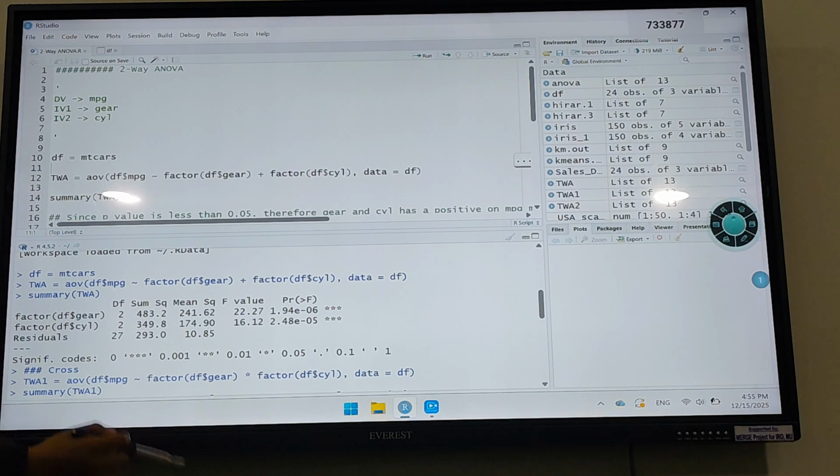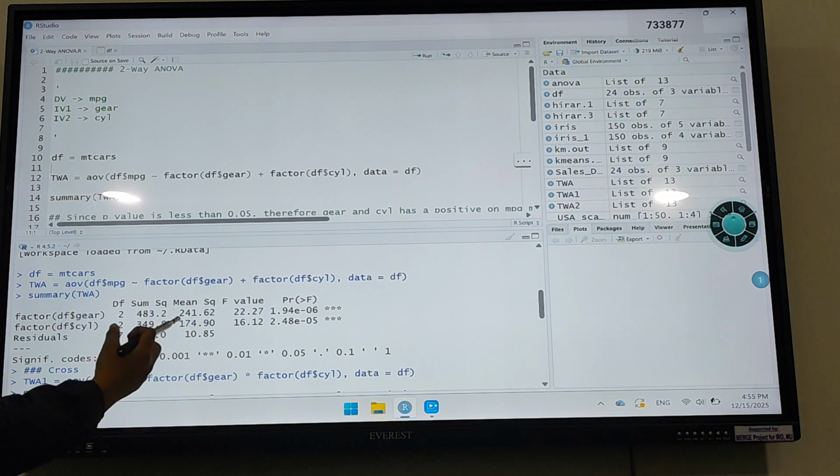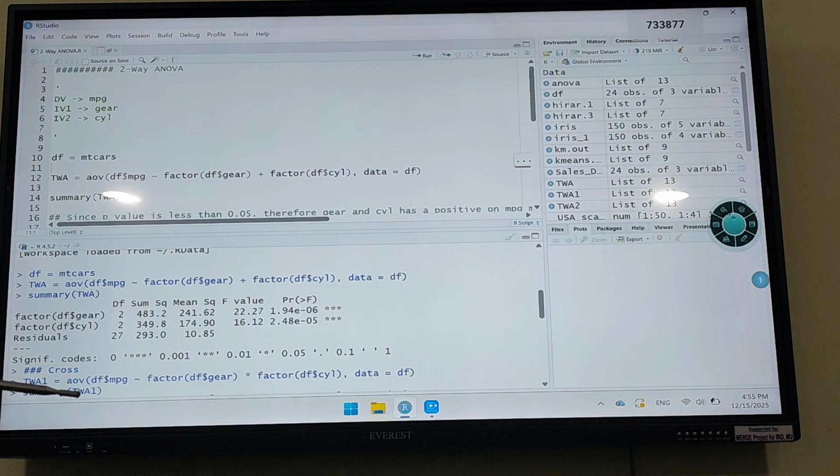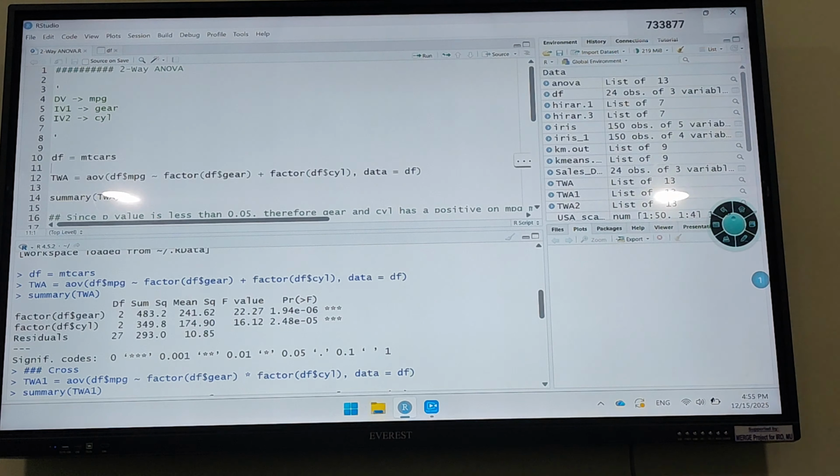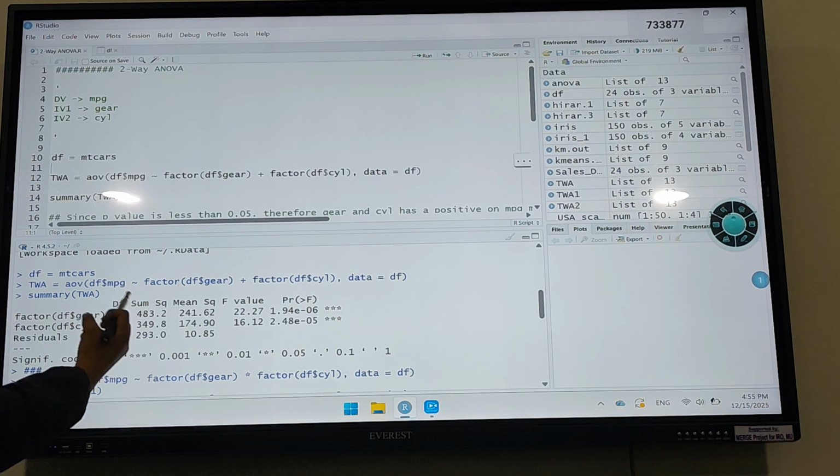This means gear and cycle have different means when compared on MPG. Based on the gear and cycle, the mileage is different.